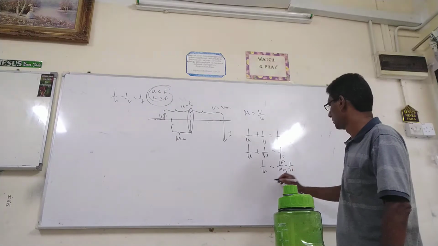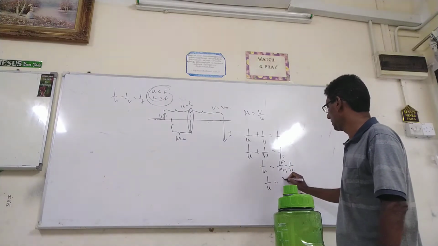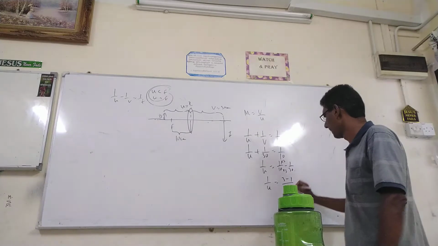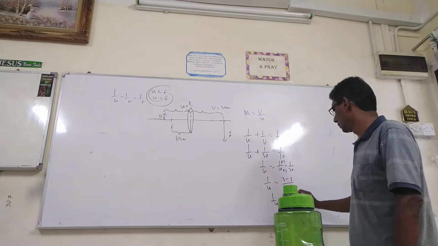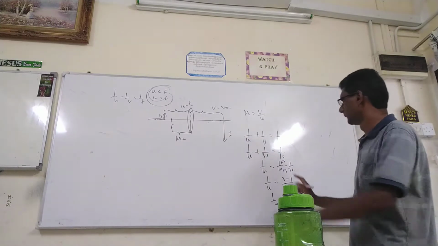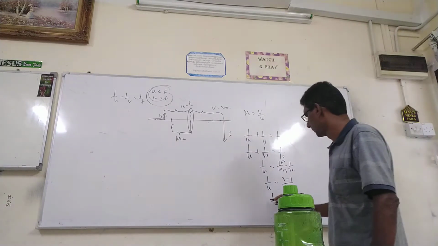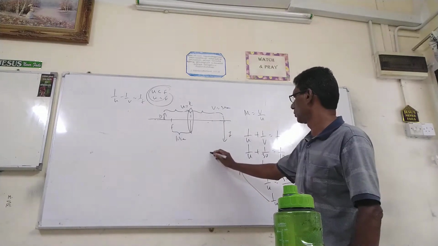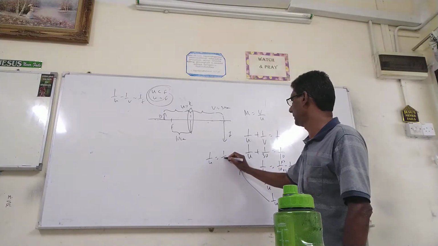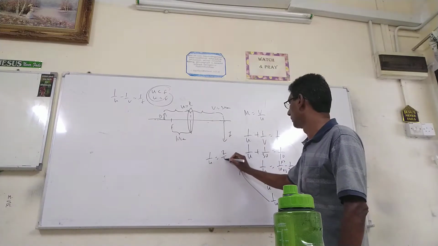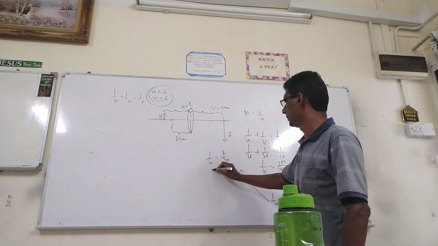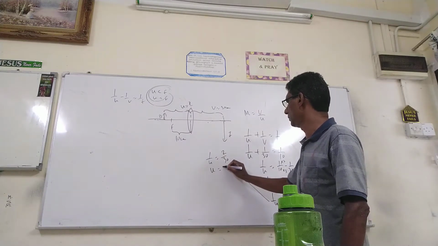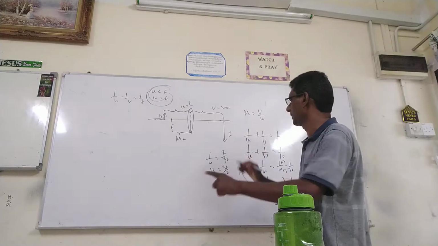Times 3, so 1 over U equals 3 minus 1 over 30. So 1 over U equals 2 over 30. Cross multiply, U equals 30 over 2.